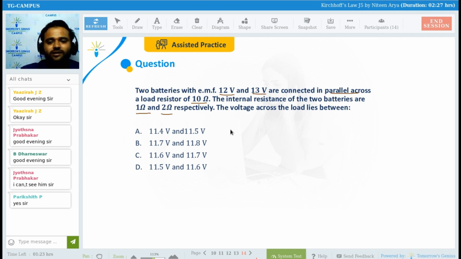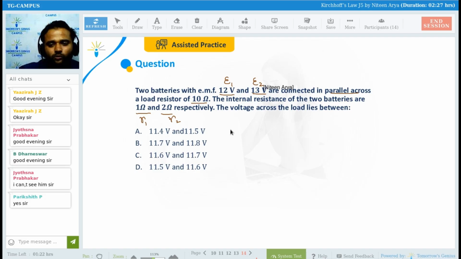Okay, this particular question is coming in JEE. So this is related to where you need to fight. First of all, read this question twice. Again, I am telling you there are two EMFs and two cells with internal resistances. This is R1, this is R2, this is E1, this is E2.